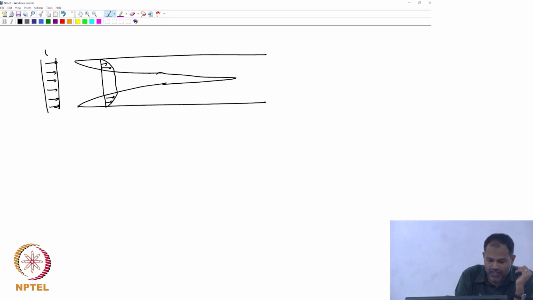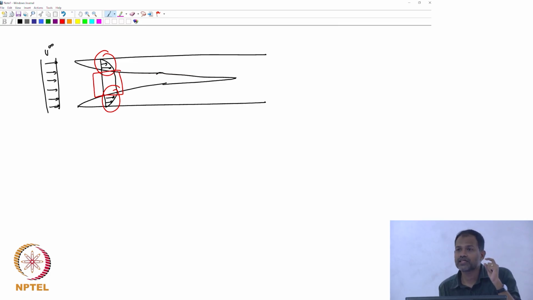If this was coming with a velocity of u infinity, this region and this region have slowed down. That means this part of the velocity field should have a velocity larger than u infinity. In fact, you can use mass conservation to calculate the velocity in that region. This is really what the boundary layer was in the context of what we had done earlier.